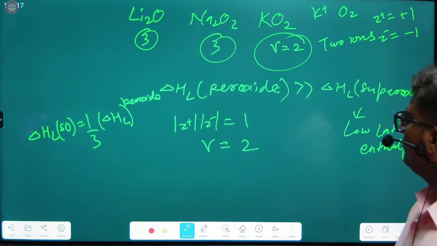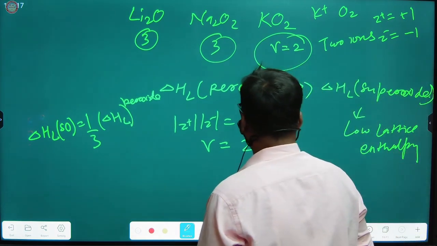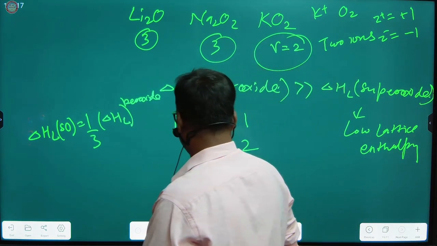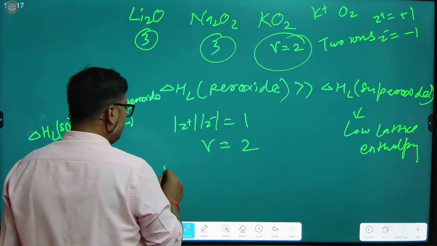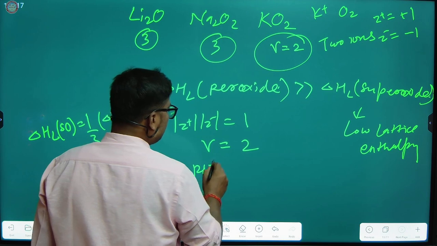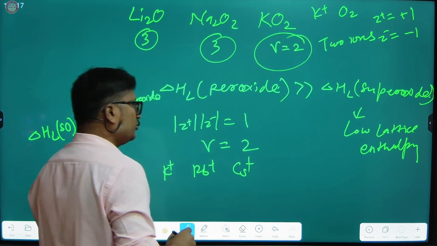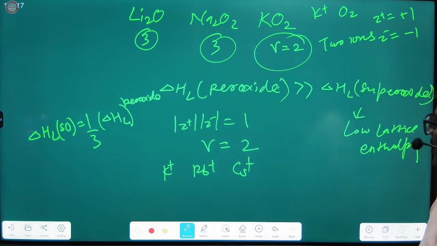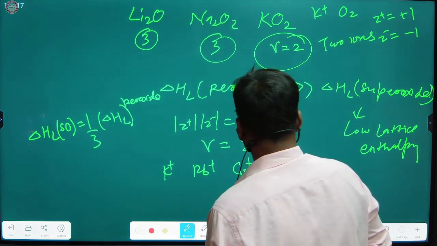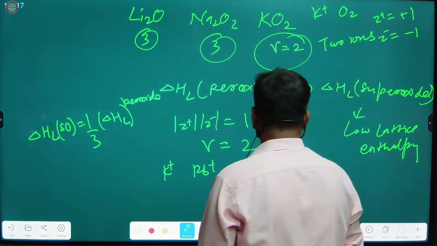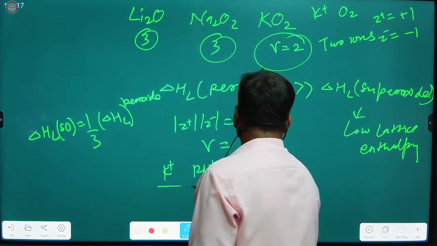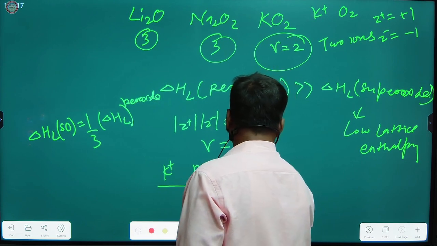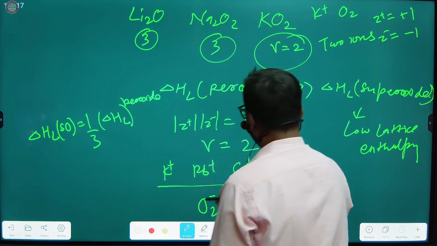And because of the large size, the superoxide anion is stabilized by larger cations like potassium plus, rubidium plus, and cesium plus. So they have large cationic radius, so they prefer to stabilize large superoxide anions. So all these cations will stabilize O2 minus, right?